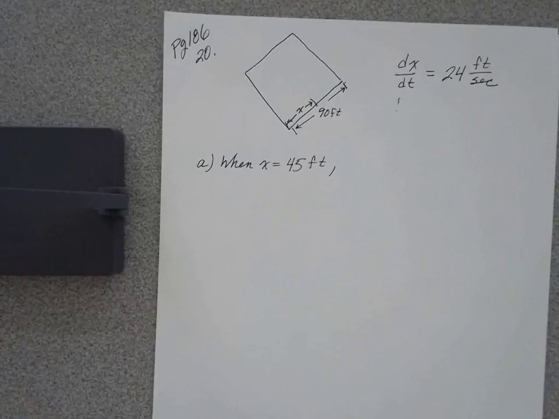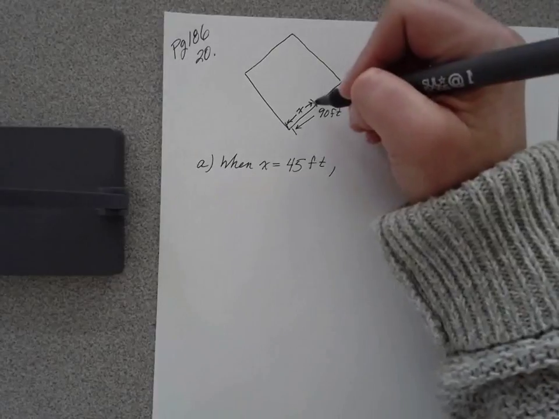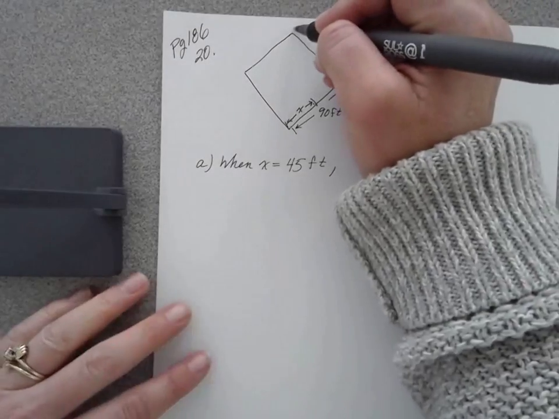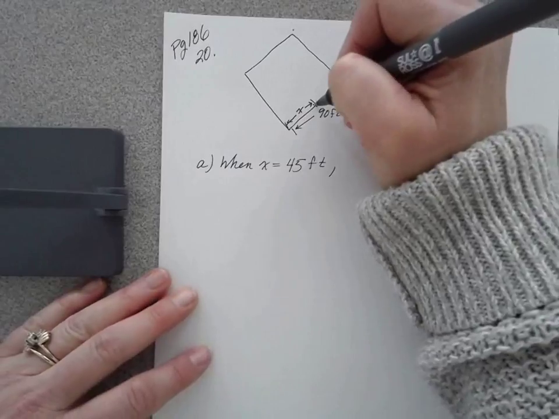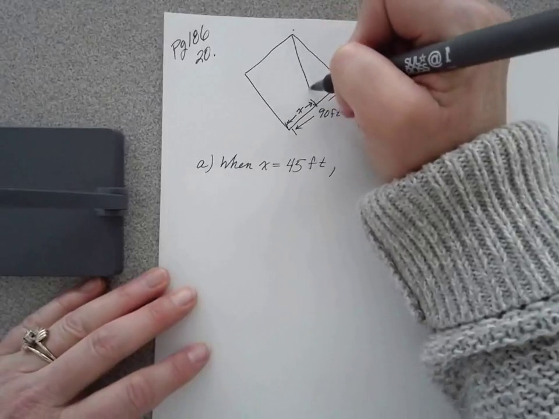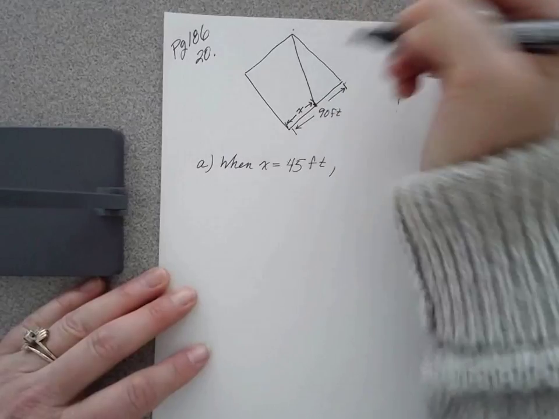Okay, so part A says, at what rate is his distance from second base decreasing when he is halfway to first base? So when he's here, second base is here, right? So what we're looking at is his distance from here to here. So we need to call that something else.